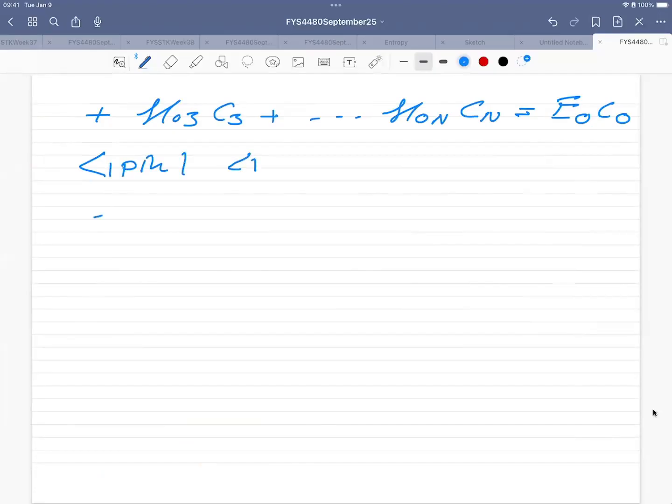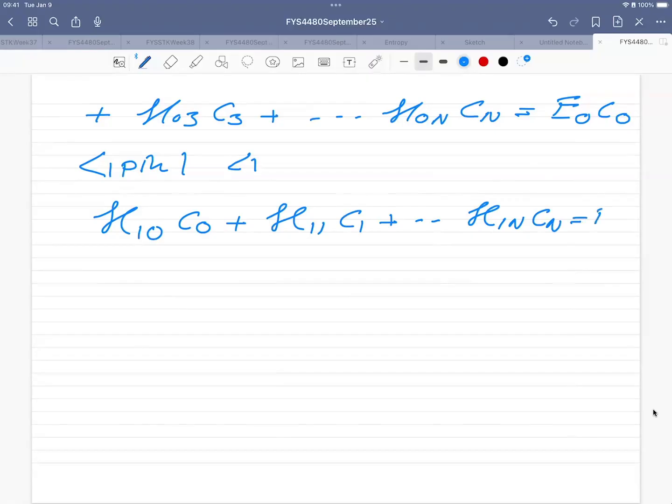So I will have now an H10 multiplied with C0 plus H11 with C1, and this goes all the way up to H of 1n times C of n, and it has this eigenvalue E0 times C1.